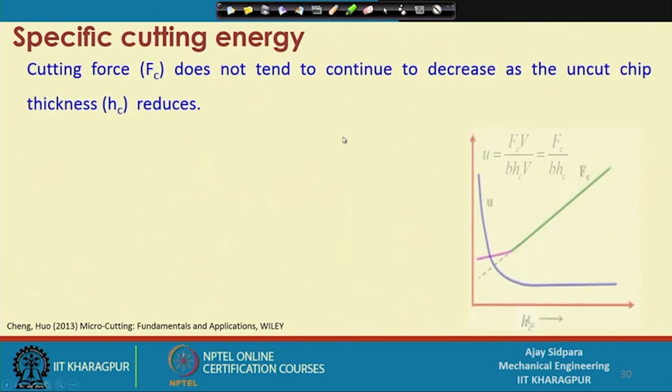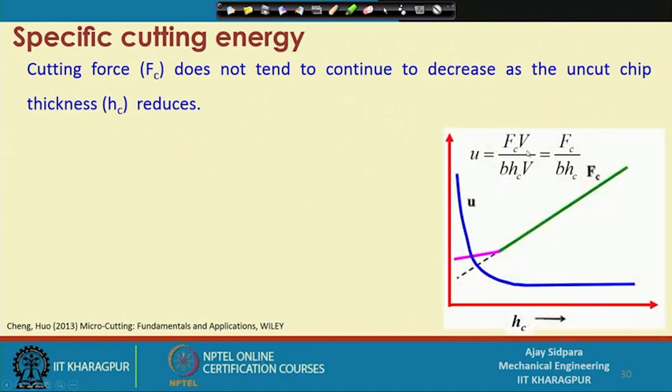Now, what is the problem here? The same equation is given here. The cutting force Fc does not continue to decrease as the uncut chip thickness Hc reduces. Now, if you see up to this point, both things are moving together.